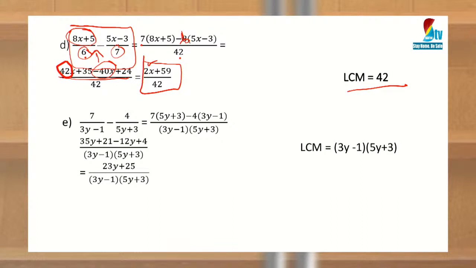Lastly, I have this problem. Now the denominator is having 2 terms, 3y minus 1, and also I have the other denominator 5y plus 3. You are going to recall that I have mentioned that if you have your denominator with two terms, you simply make their product, and their product is 3y minus 1 multiplied by 5y plus 3.